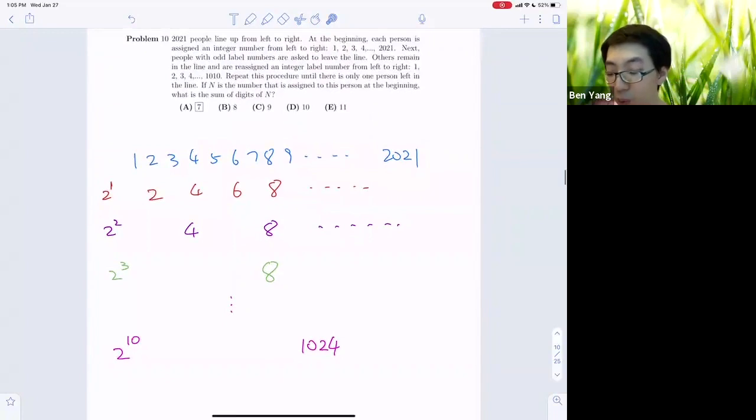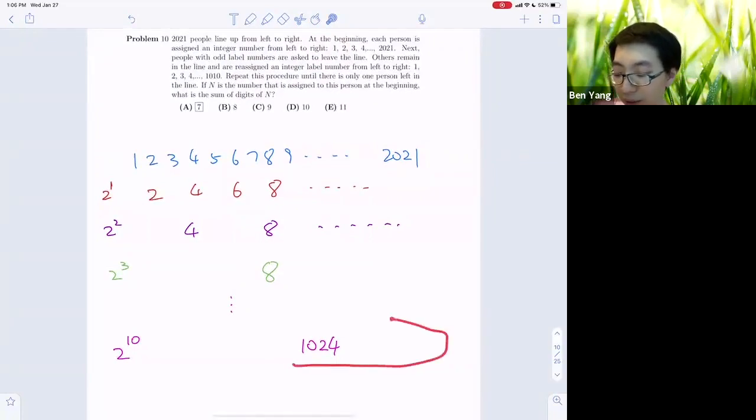After that step, all of the numbers left should be multiples of 1024. But there's only one number below 2021 that is a multiple of 2 to the power of 10. So that's the only number left.